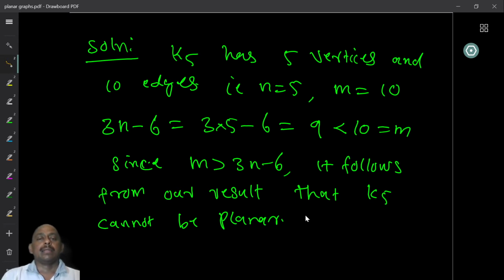So since you have more edges than 3n minus 6, the graph is definitely not planar by Euler identity. Using Euler identity, we are able to prove this bound on the number of edges. So the graph is immediately not planar.